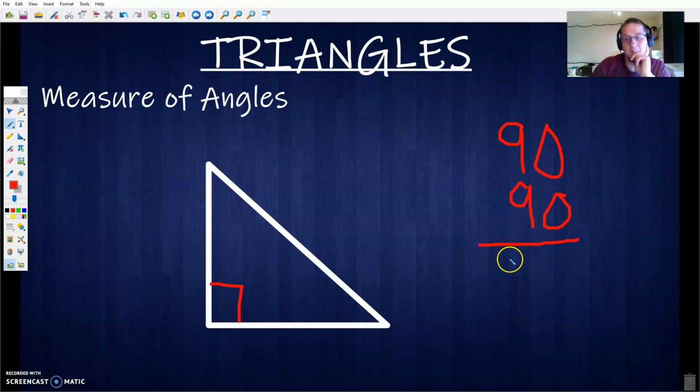How much is that? 9 and 9 is 18, so 90 and 90 is 180. But how many angles is that? That's two angles. If I add a third angle into that, no matter what it is, it's no longer going to be 180 degrees. So it is not possible to have two 90-degree angles, nor is it possible to have two angles that are bigger than 90 degrees, because it's going to equal more than the 180, and every triangle has to equal that 180 degrees.